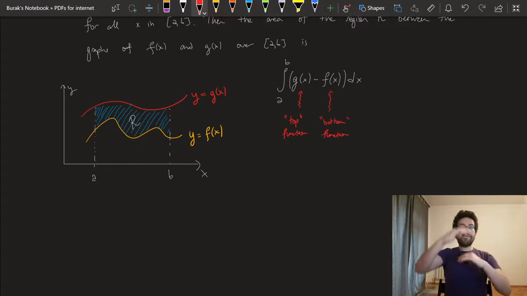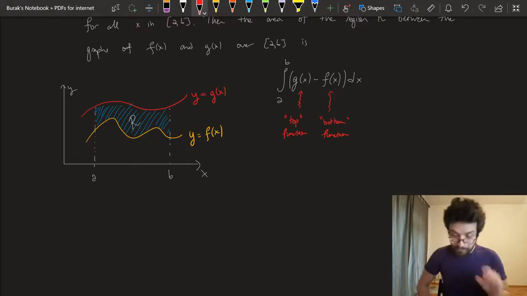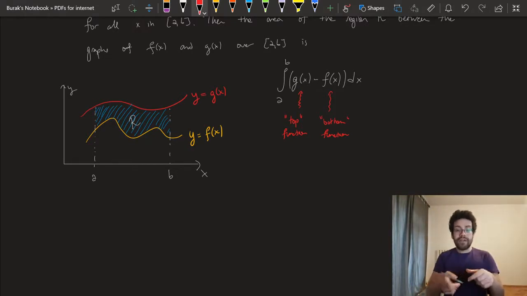So if you have two functions, and if one of them is greater than or equal to the other one, if you take the difference top minus bottom and integrate that difference, then you're going to get the area of the region between graphs of these curves over the interval [a, b]. Okay, and note the difference. I'm not saying the signed area, I'm saying the actual area, because this difference is always going to be non-negative, since you're looking at top minus bottom.